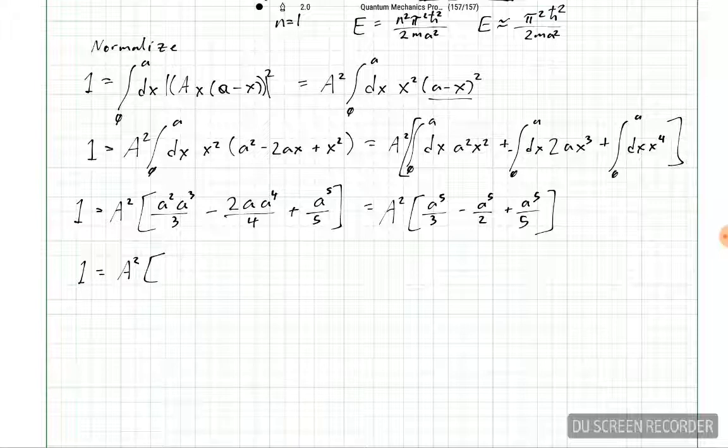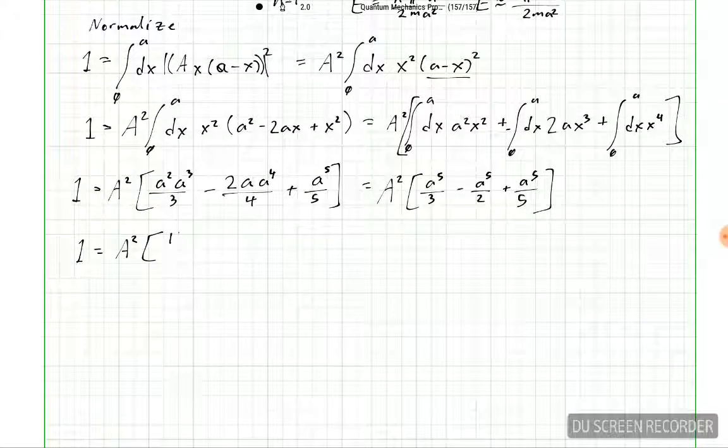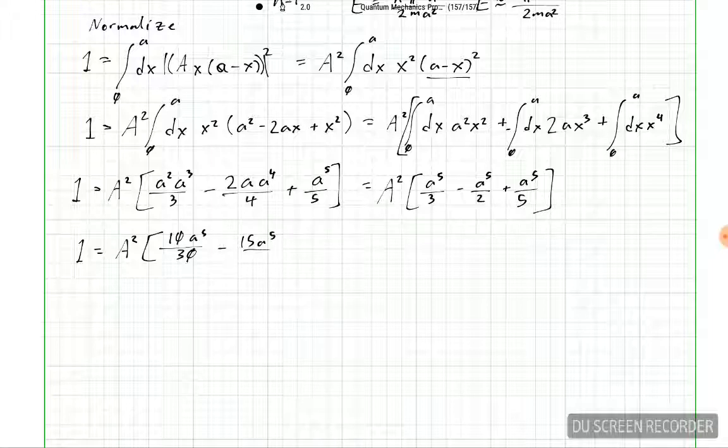And I'm going to go ahead and just use 30 as my common denominator. So I get a to the 5th over 30 minus 15 a to the 5th over 30 plus 6 a to the 5th over 30.